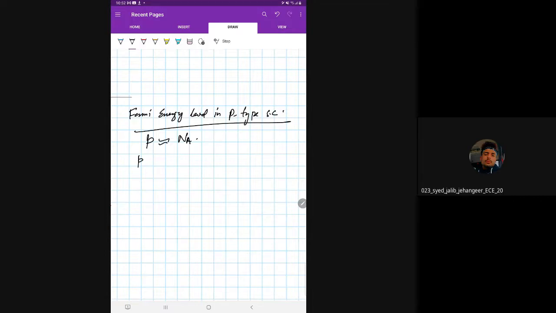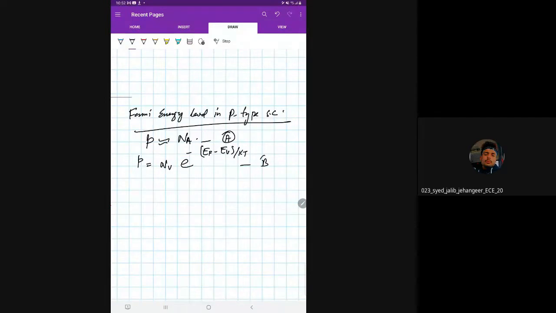And we know that hole concentration is given by Nv e to the power minus (EF minus EV) divided by kT.